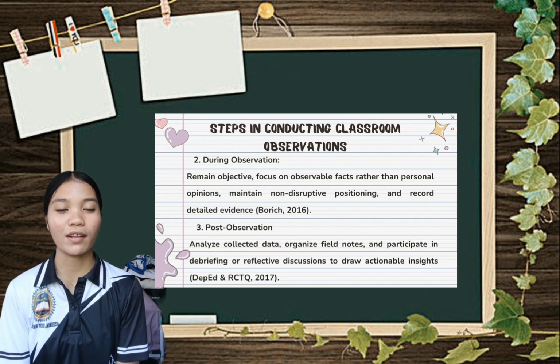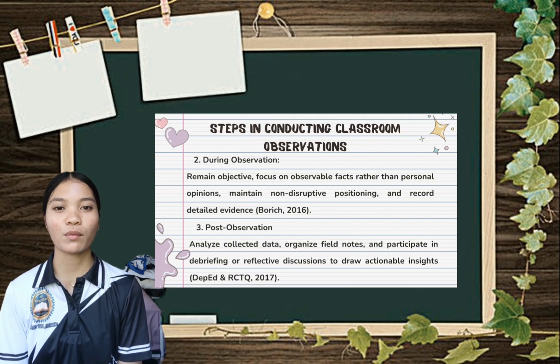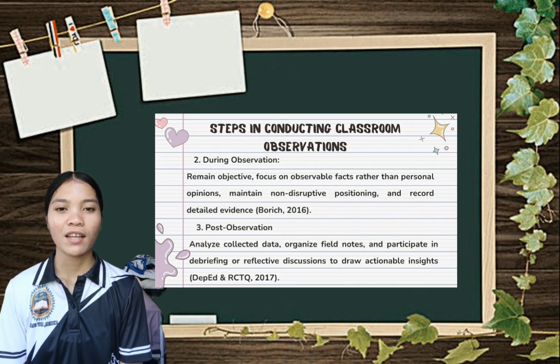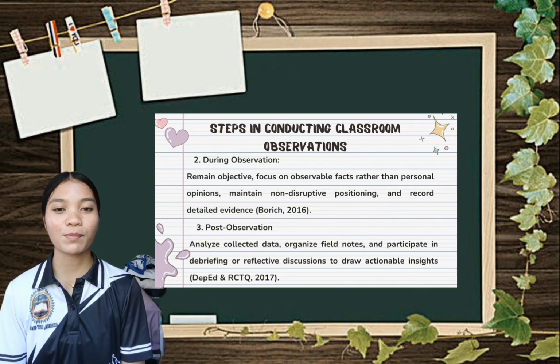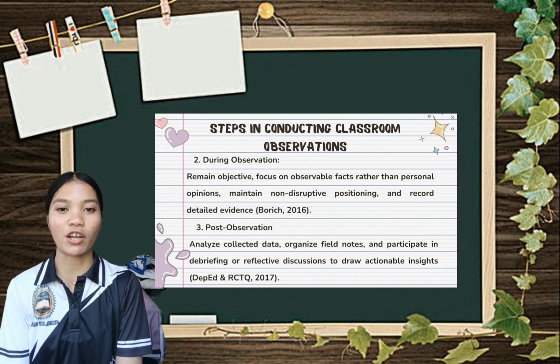For example, instead of writing, "The class was chaotic," the observer could write, "At 9:30 a.m., 8 out of 30 students were out of their seats and speaking loudly while waiting for materials." The second statement is better because it provides specific and observable evidence rather than a personal judgment. So this shows why objectivity is very important in classroom observation.